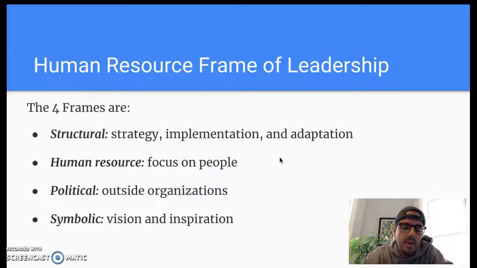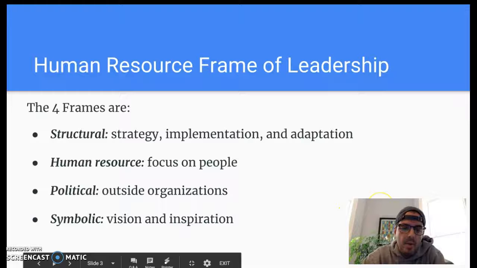The next one would be political, which is approaching issues that might arise based on outside organizations, or organizations that are outside of where the issue may stem from. Finally, symbolic. The symbolic frame focuses on vision and inspiration, being kind of a charismatic leader and trying to implement change in that way. And those are the frames of leadership.